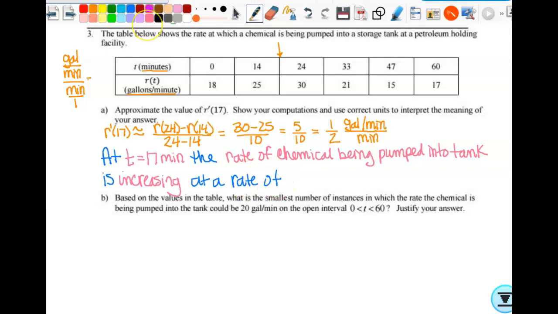You can say it is increasing approximately at a rate of, or at a rate of approximately is probably a better way to say it. As long as you're saying the right things, it's of approximately, and then my answer is 1/2 gallons per minute per minute.